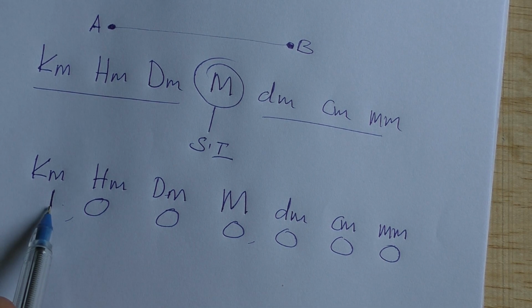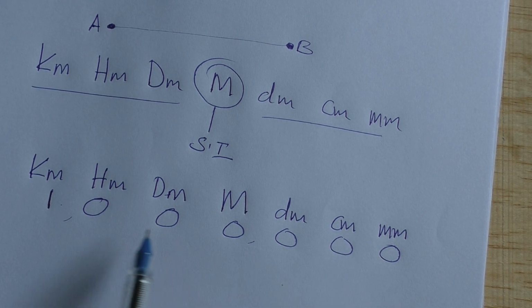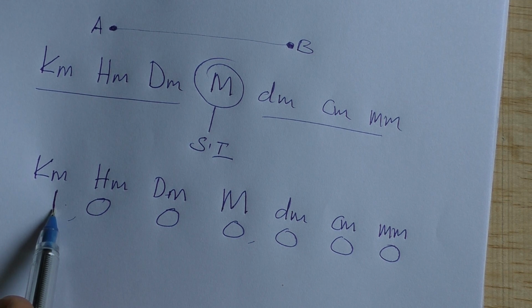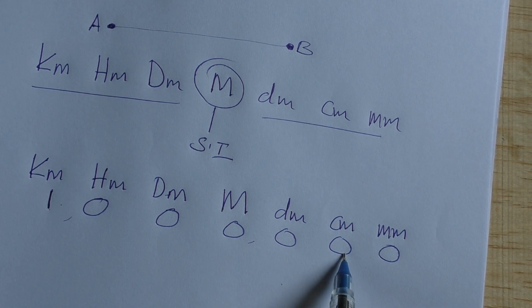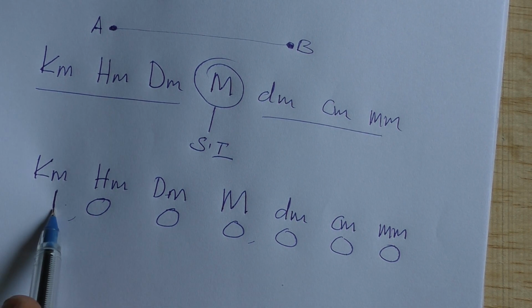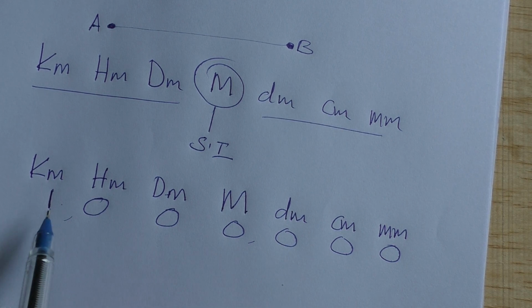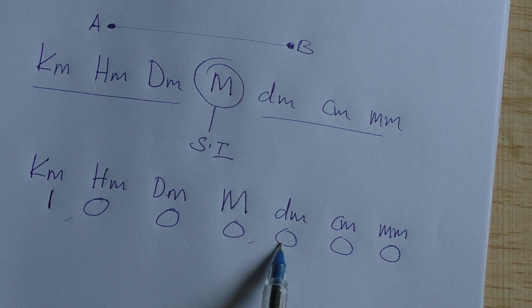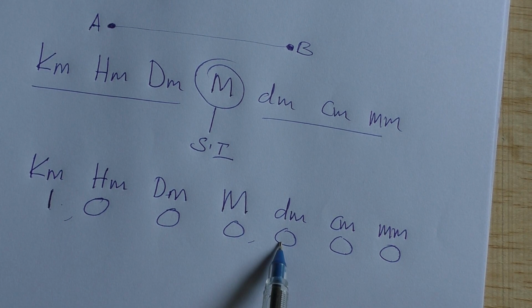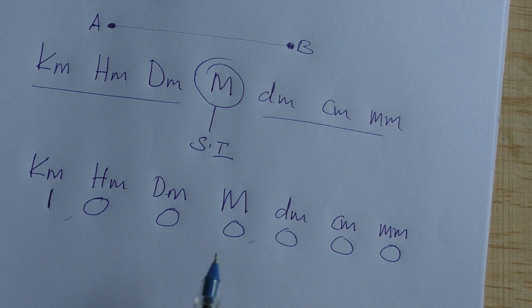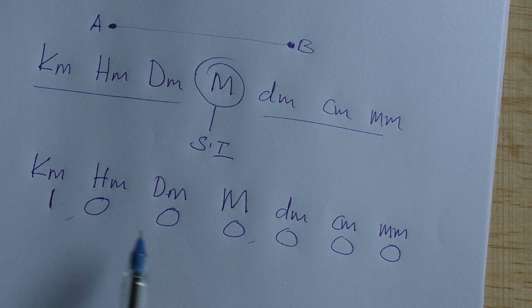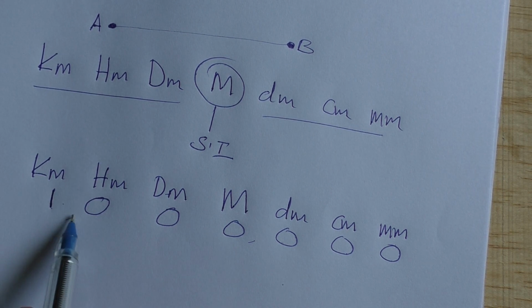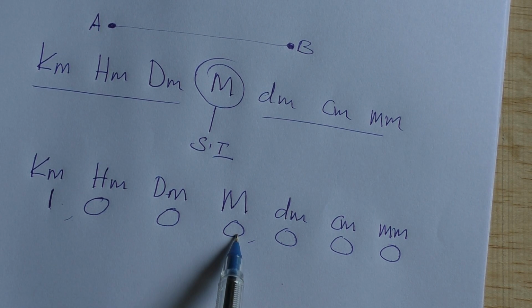If I'm converting a kilometer to centimeter, that means that one kilometer equals 100,000 centimeters. If it is a kilometer to decimeter, it means that it is 10,000 decimeters. Then if it's kilometer to meter, it is 1,000 meters.